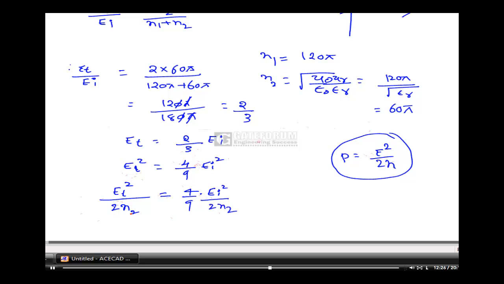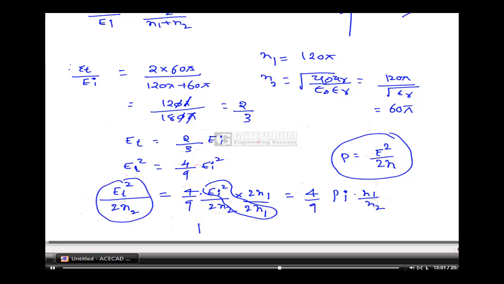I am multiplying the numerator and denominator by eta 1, so that Ei square by 2 eta 1 becomes the incident power, multiplied by eta 1 by eta 2. This factor is the power transmitted. So power transmitted is equal to 4 by 9 into power incident into eta 1 by eta 2.